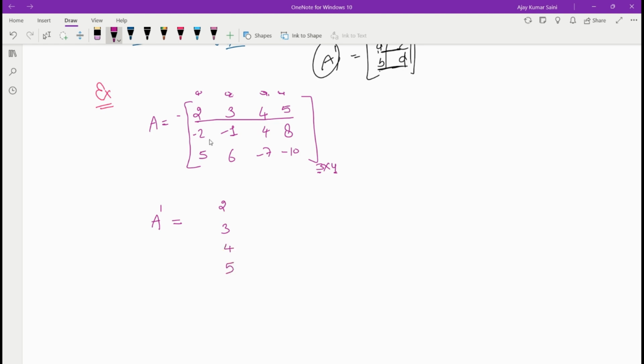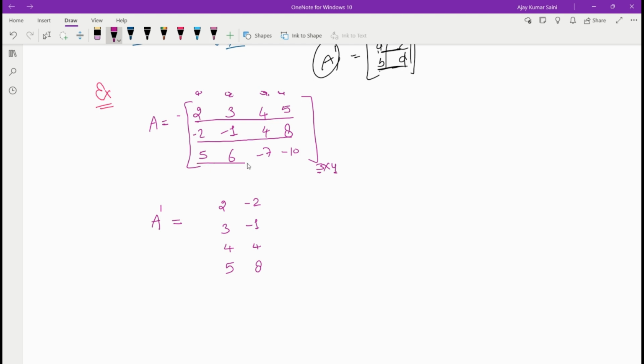Now it is a column. After that take this row and make it a column: minus 2 minus 1 4 and 8.